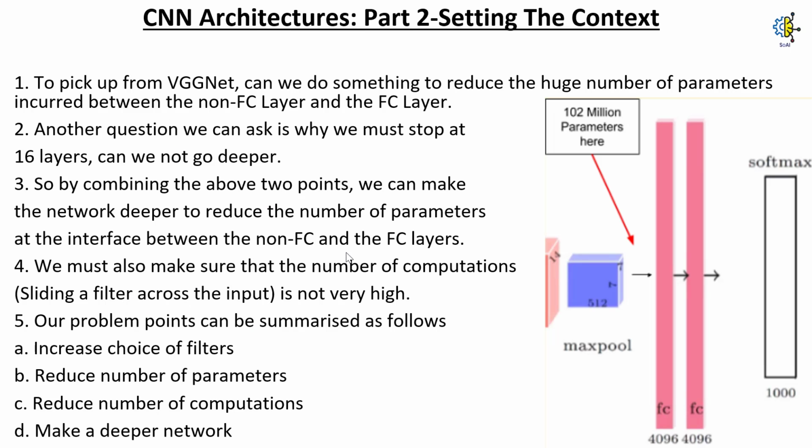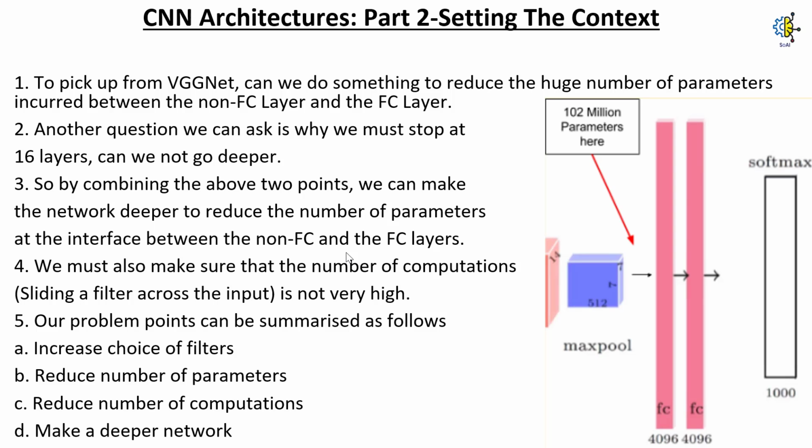To pick up from VGGNet, can we do something to reduce the huge number of parameters incurred between the non-FC layer and the FC layer? Another question we can ask is why we must stop at 19 layers. Can we not go deeper?